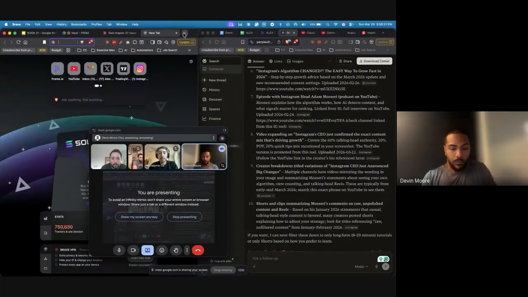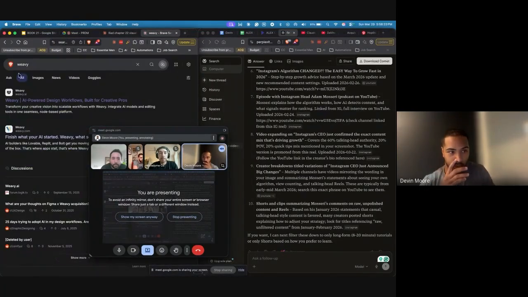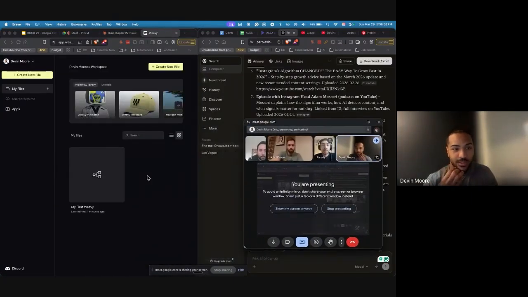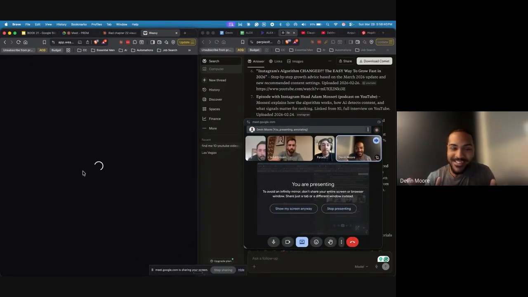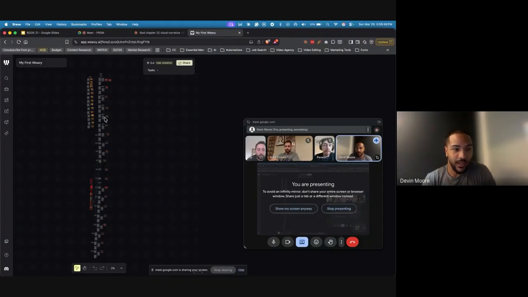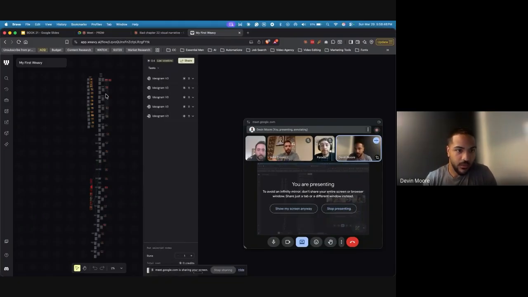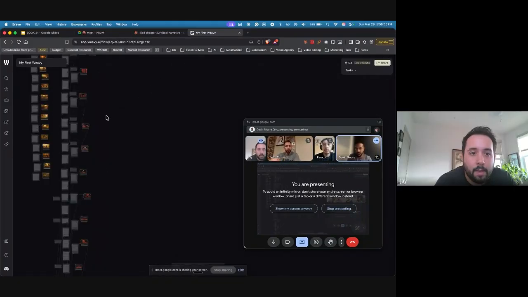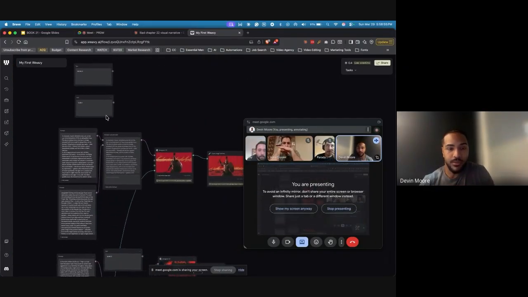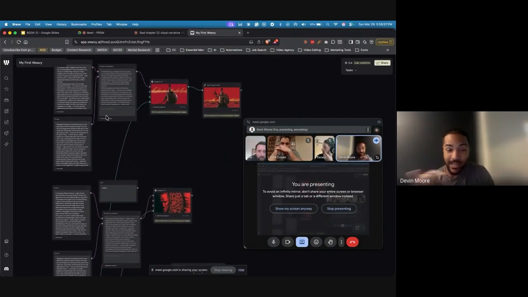There's a platform that I used today. I used it last time too, but it's called Weavy. Inconsistent, but I stuck with it. I didn't go to a different platform, but essentially it gives you the ability to add prompts and connect them.